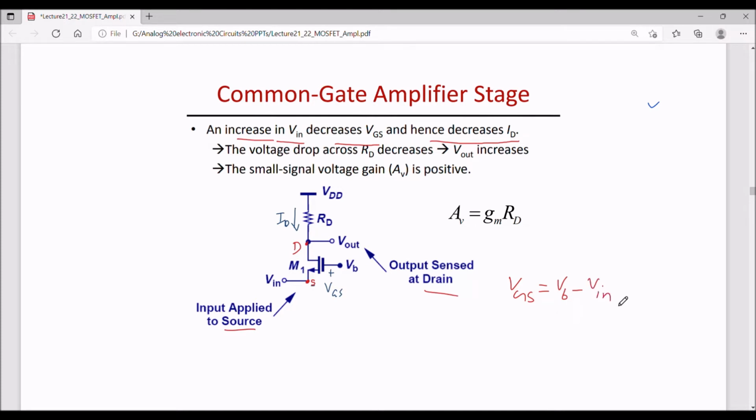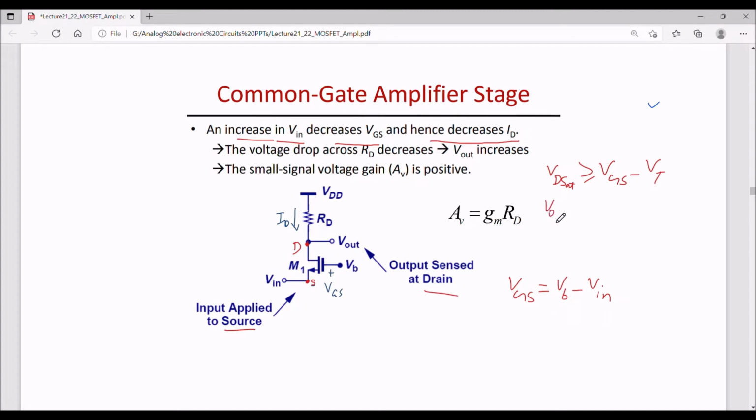And for this MOSFET to be saturated, I'll use another relation, that VDS should be greater than or equal to VGS minus VT. VDS can be found by looking at the circuit again. So VDS is VD minus VS, that is Vout minus Vin. This is the source, this is the drain.